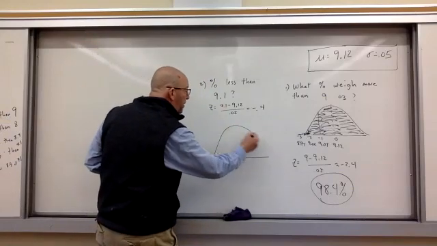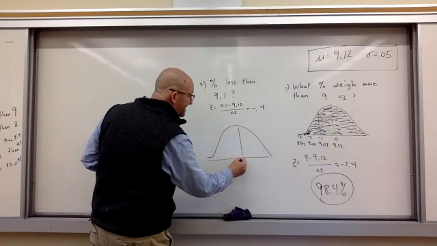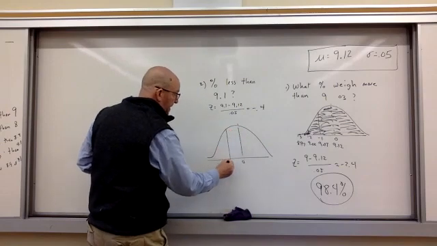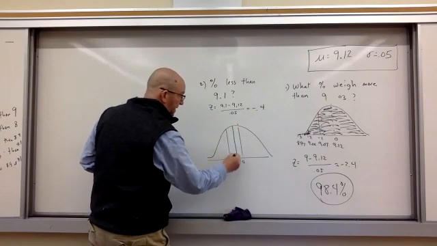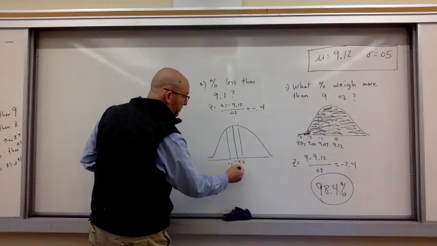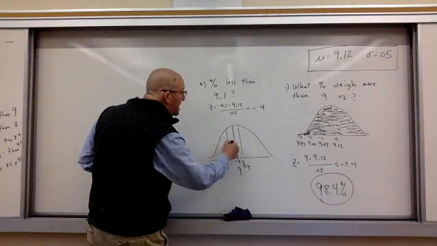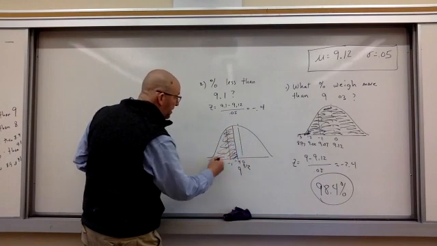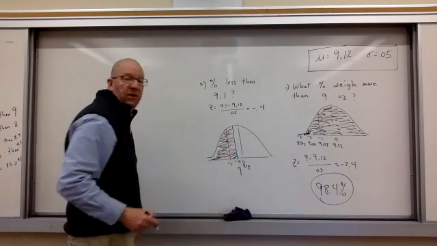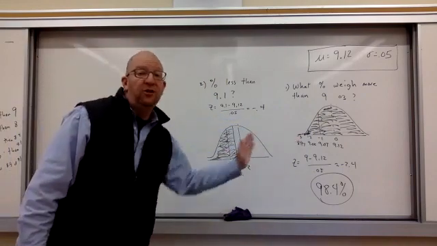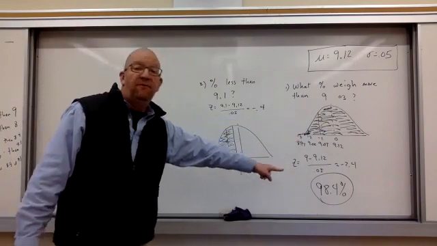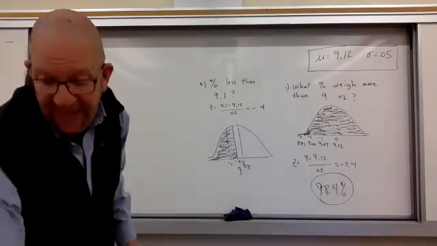Now, for all of these problems, your teacher wants to see this normal curve. So they want to see the 9, the 9.12, and they want you to shade the direction that you're looking for. So here we were shading to the right. That was 98.4%. Here we're going to shade to the left.